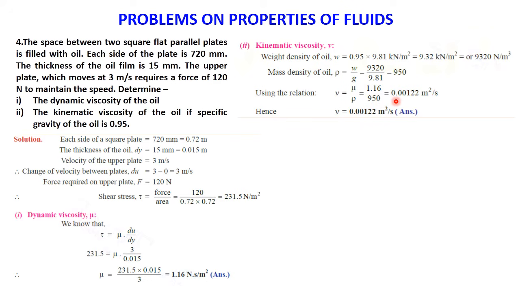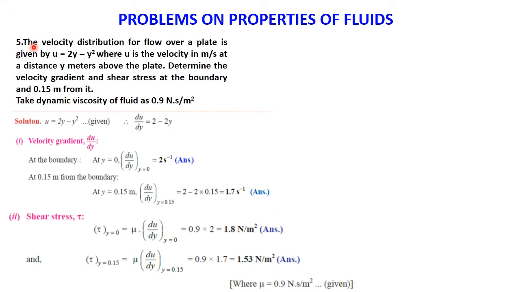Dynamic viscosity is 1.16 divided by 950, the value of density, so we get 0.00122 meter square per second. So, concluding the problem, kinematic viscosity is 0.00122 meter square per second. In this way we are solving problem number 4 for calculating dynamic viscosity and kinematic viscosity.